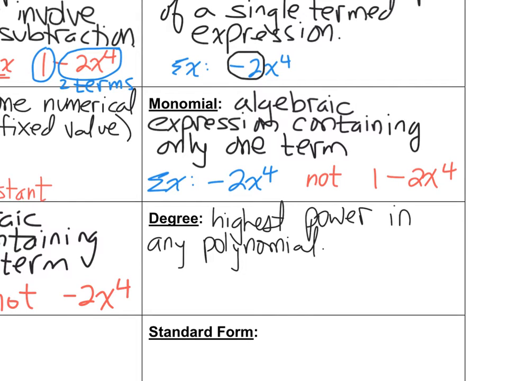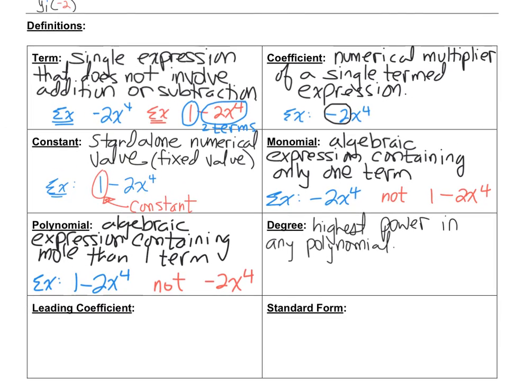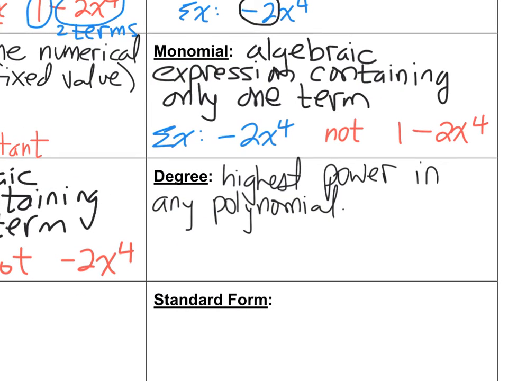So what we would be doing is looking at all the terms of whatever the polynomial is and identifying whatever the highest power is that's contained within it. You could have more than one or two powers, you could have like 10 different powers. So let's say you had something like, I'll expand upon my previous example, 1 minus x plus x squared minus 2x to the fourth.